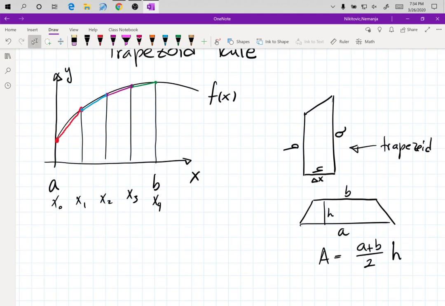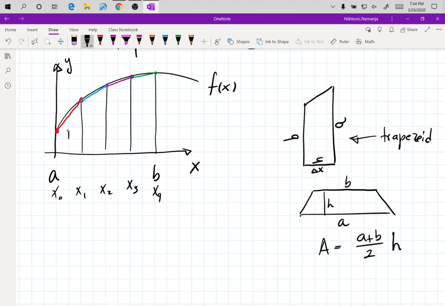So I am able to do the same thing again, like before. For rectangle 1, I can write the area as f of x0 plus f of x1 over 2 times delta x, which is the height.